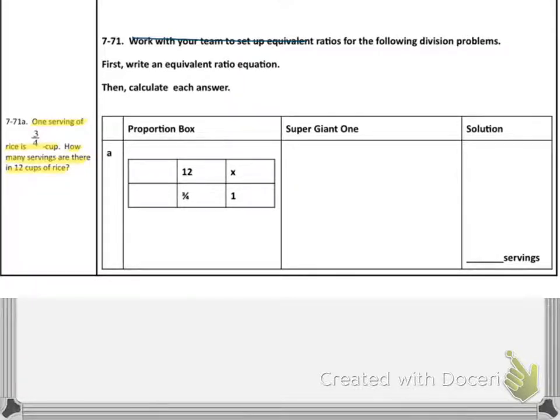If we look at where the numbers are placed, 1 serving of rice is 3/4 of a cup. 3/4 is on the bottom, so we are talking about servings. How many servings are there in 12 cups?